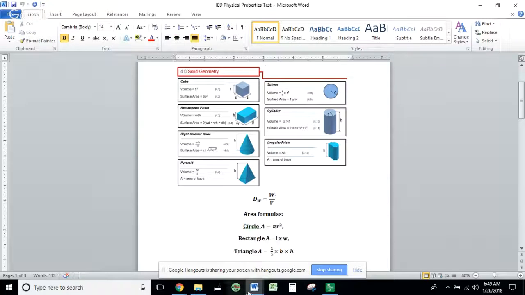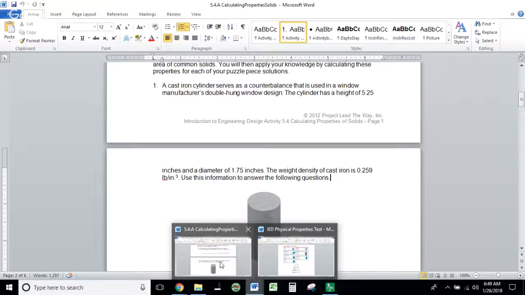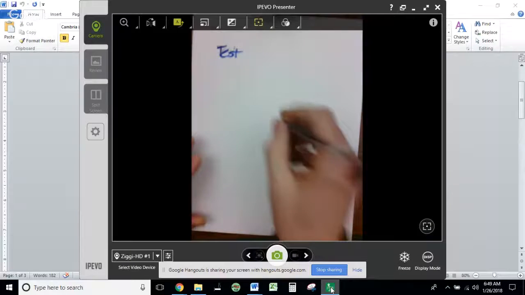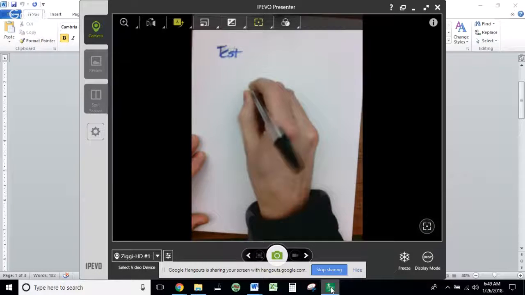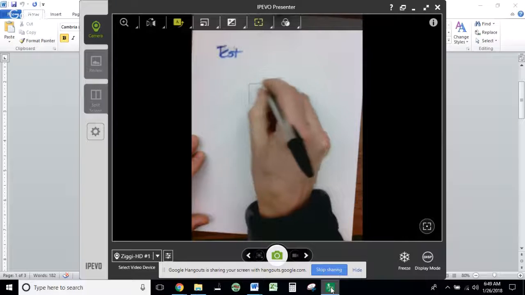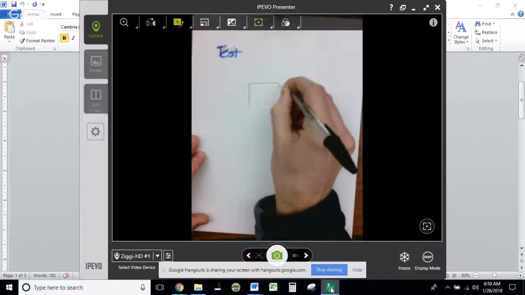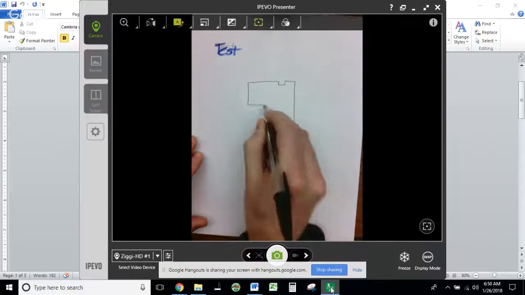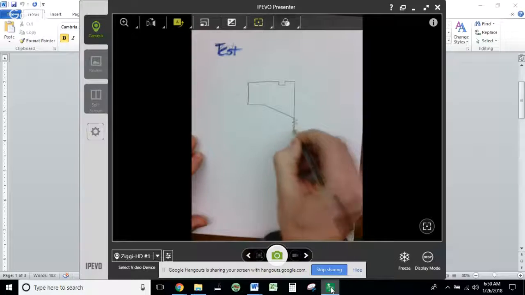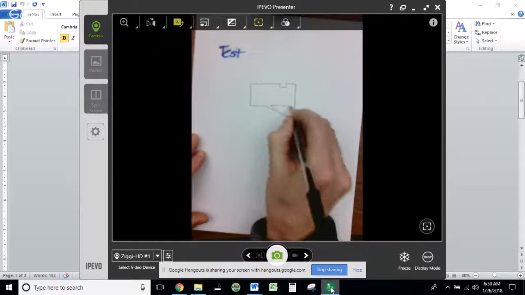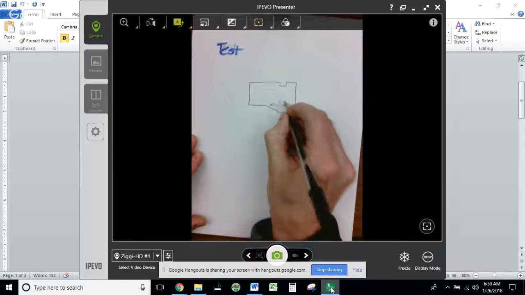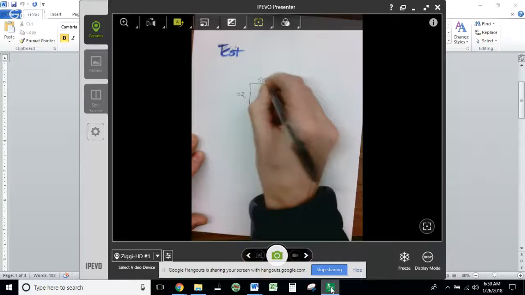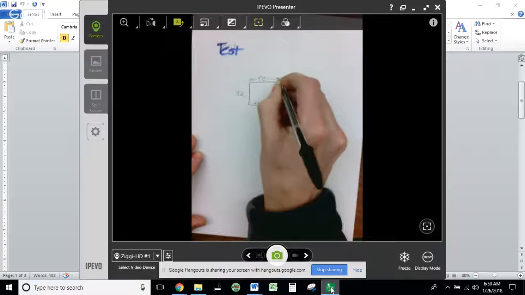Okay? So a great area problem that we've done in the past is something like this. This is in fact on your review guide. But this problem asks you to figure out what is the area of a complex shape.